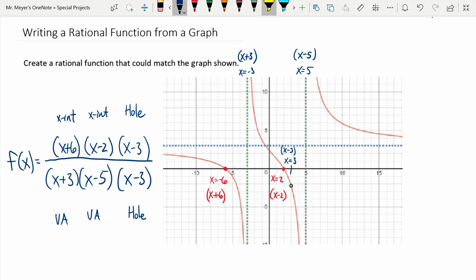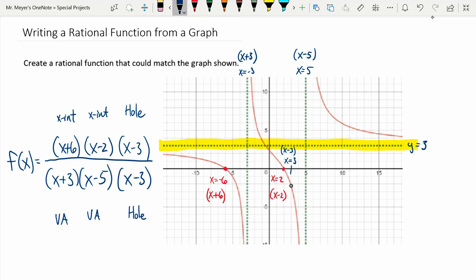All right, so the final piece of the puzzle to get our last feature is this horizontal asymptote. This horizontal asymptote is occurring at y equals 3. Now, if you remember, there are 3 different asymptote situations that can occur when it comes to horizontal asymptotes or slant asymptotes.